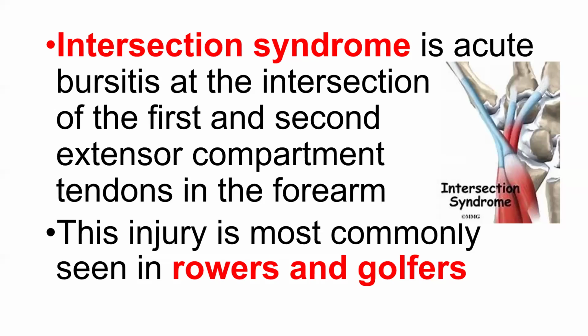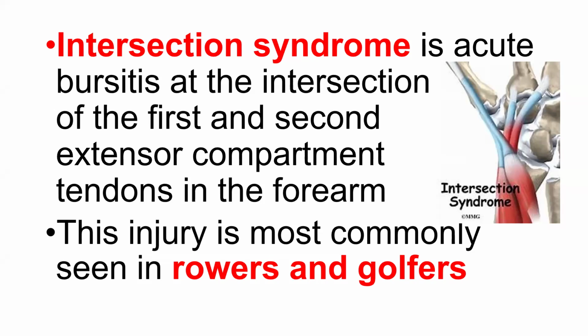So intersection syndrome is an acute bursitis at the intersection of the first and second extensor compartment. This injury is most commonly seen in rowers and golfers.